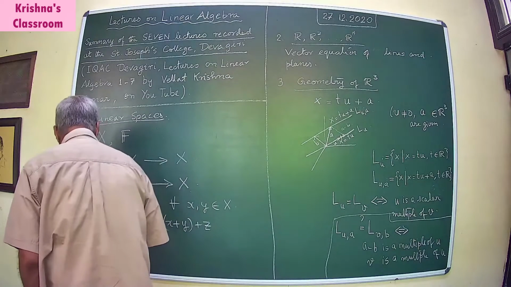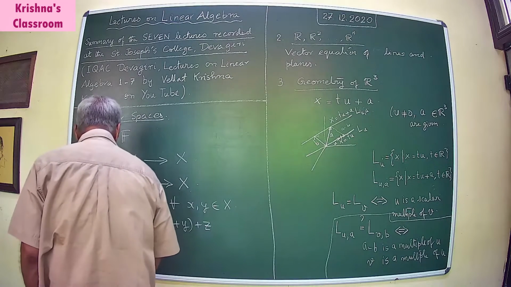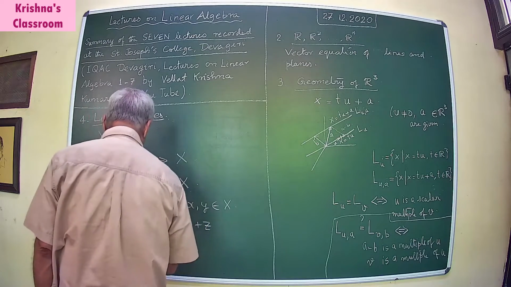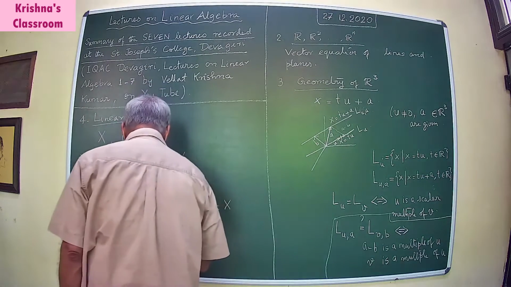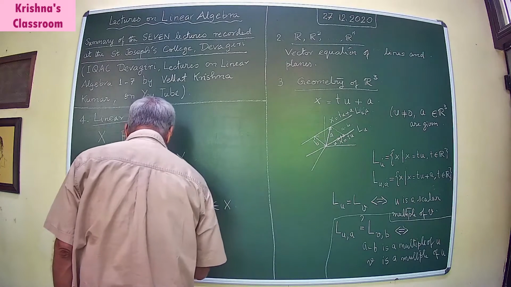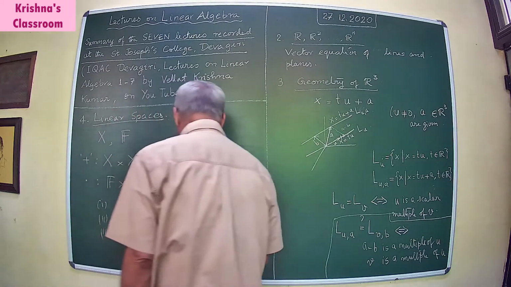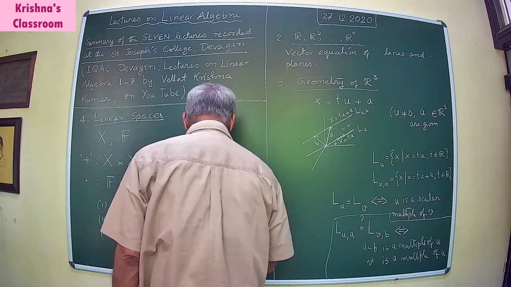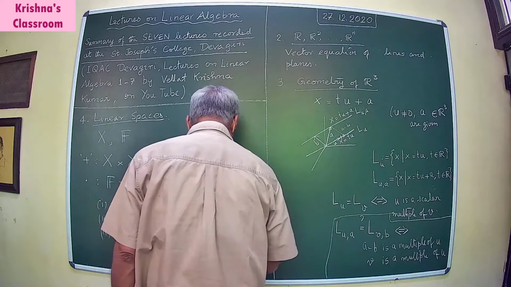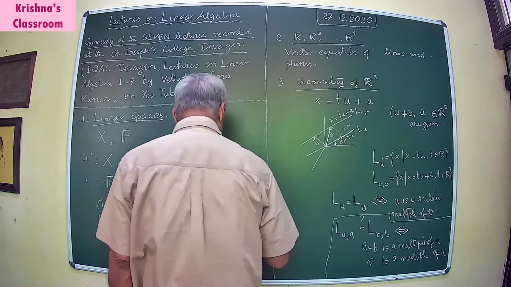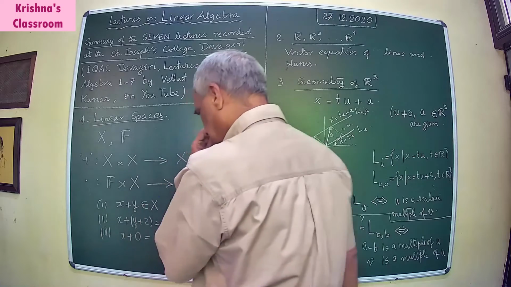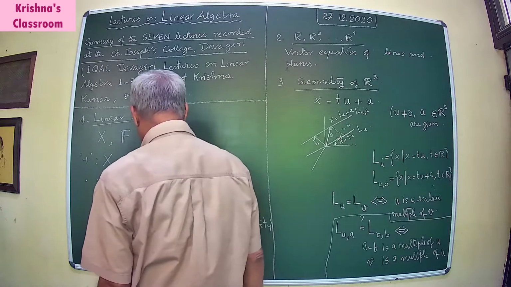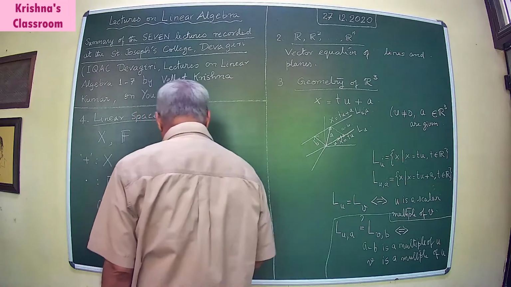Third property is that there is a zero element called an identity vector, which has the property that x plus 0 equals x. This is identity.